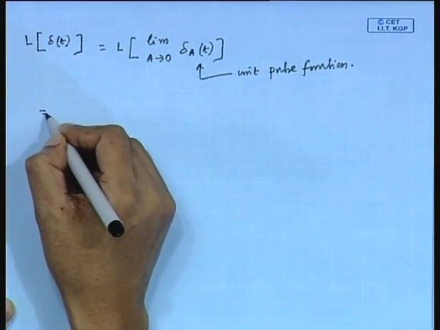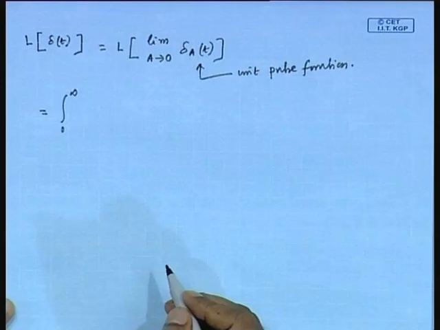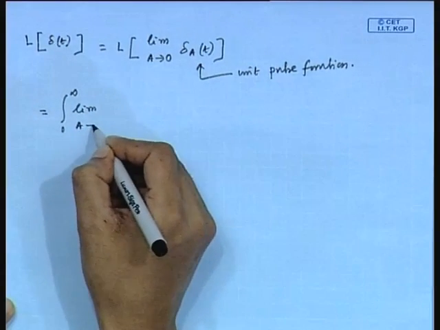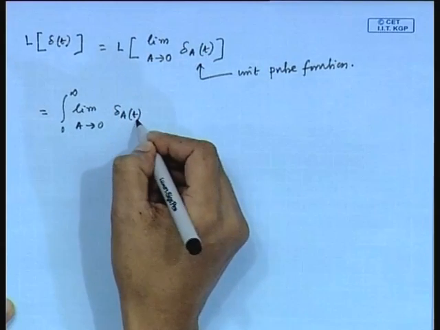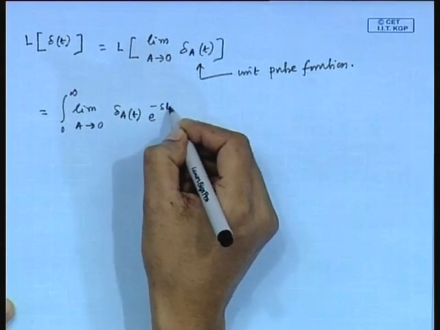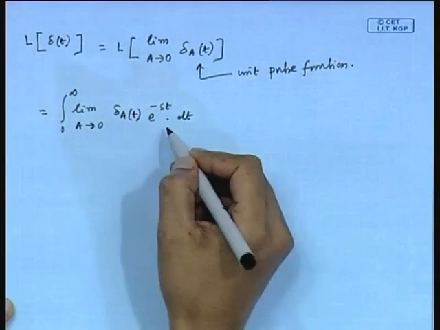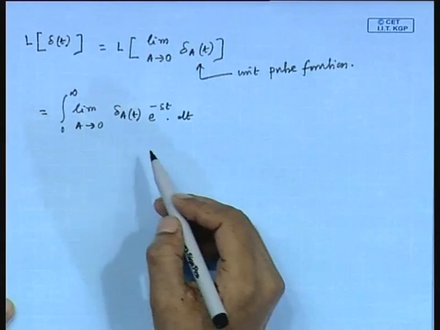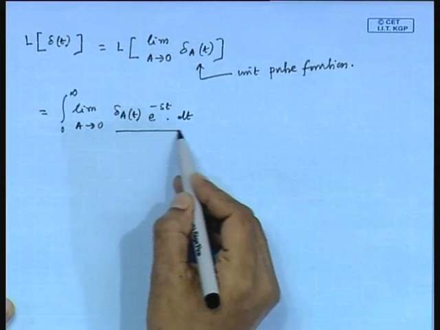That means the integration from 0 to infinity, limit a tends to 0, of delta_a(t) e to the power minus st dt. We are just using the definition of the Laplace transform.